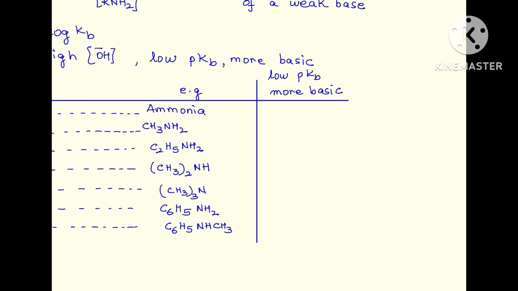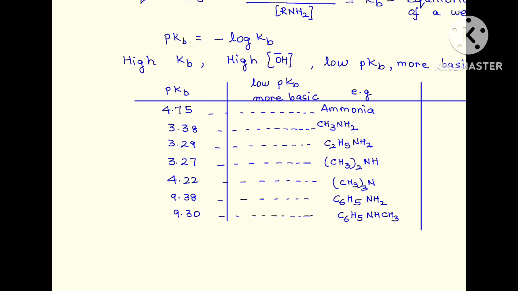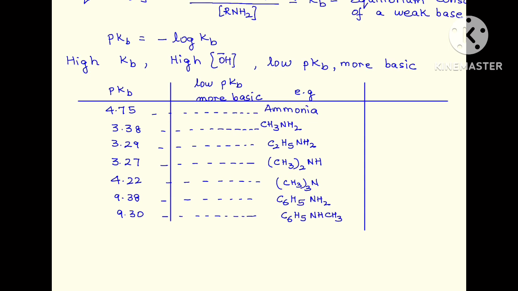So can you tell me which one is more basic out of the two of them? Yes, a primary amine. So when I'm comparing these two, I know that a primary amine is more basic than ammonia.